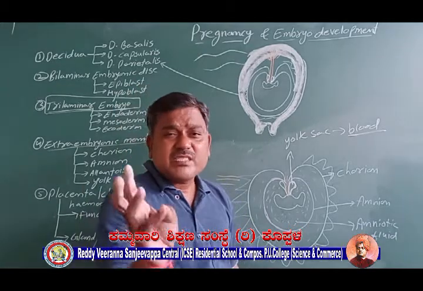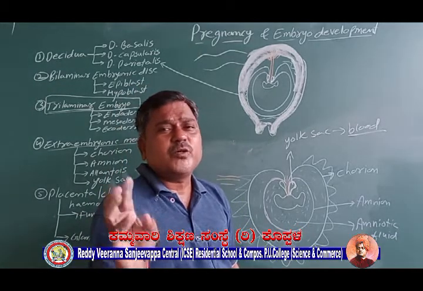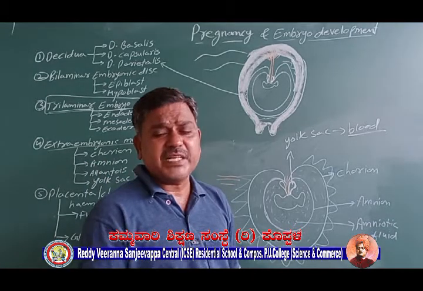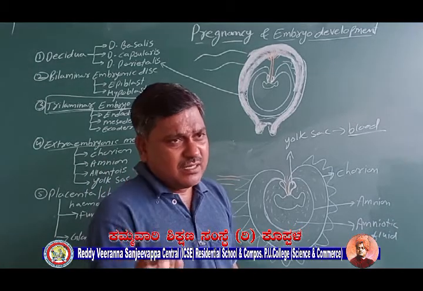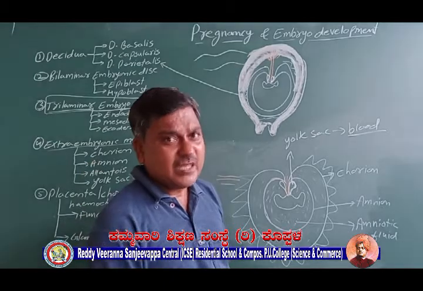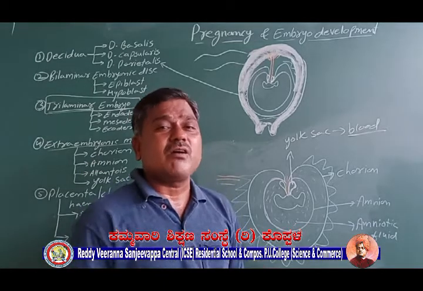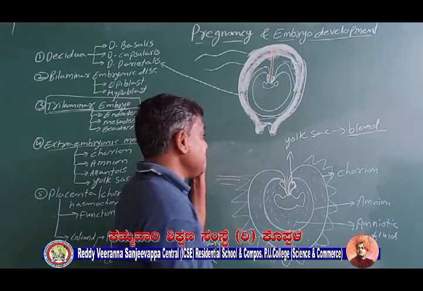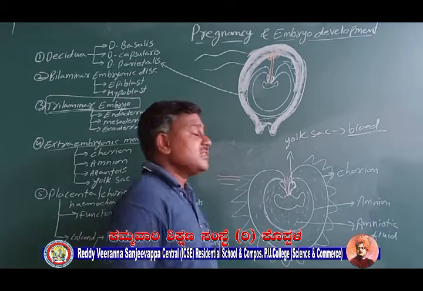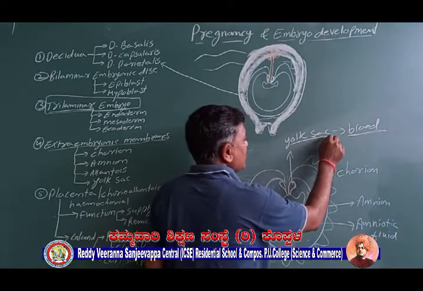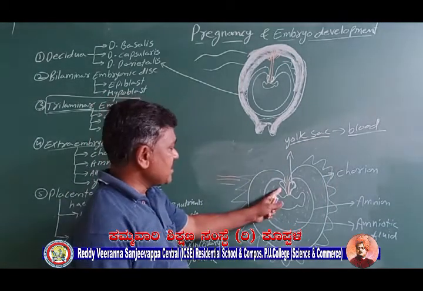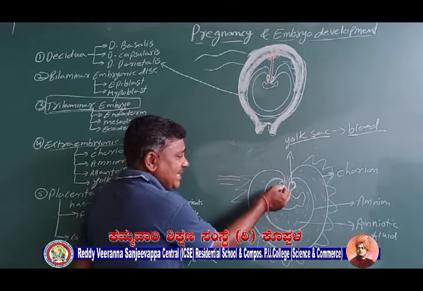That means blood is first formed in the yolk sac, after 3 months of pregnancy in the liver, and when the child is born, in the bone marrow. Clear?